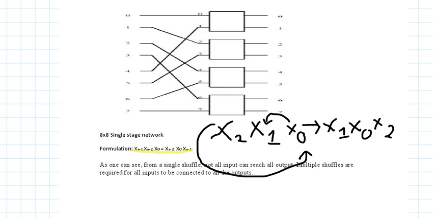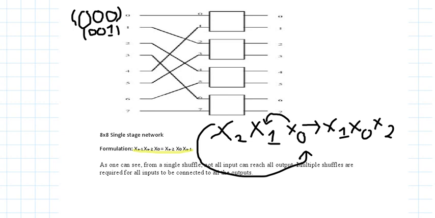So the address of the first processor is 0 and its binary representation is 0, 0, 0. The address of the second processor is 1, so its equivalent binary representation is 0, 0, 1.